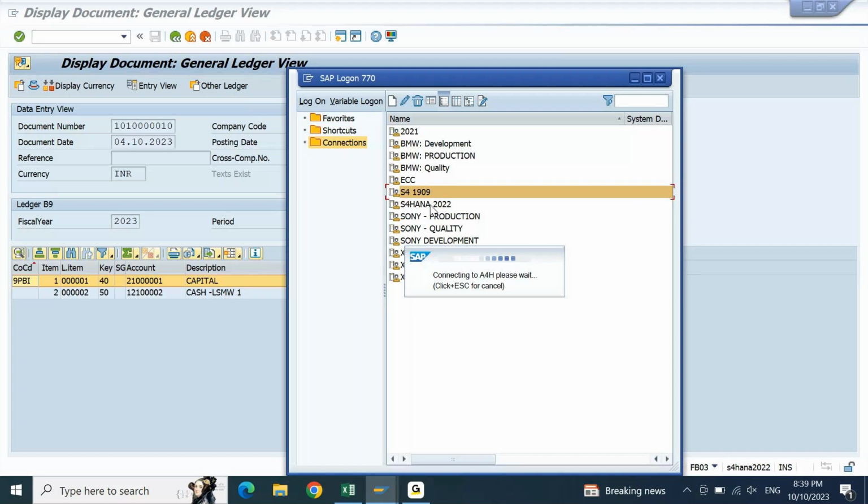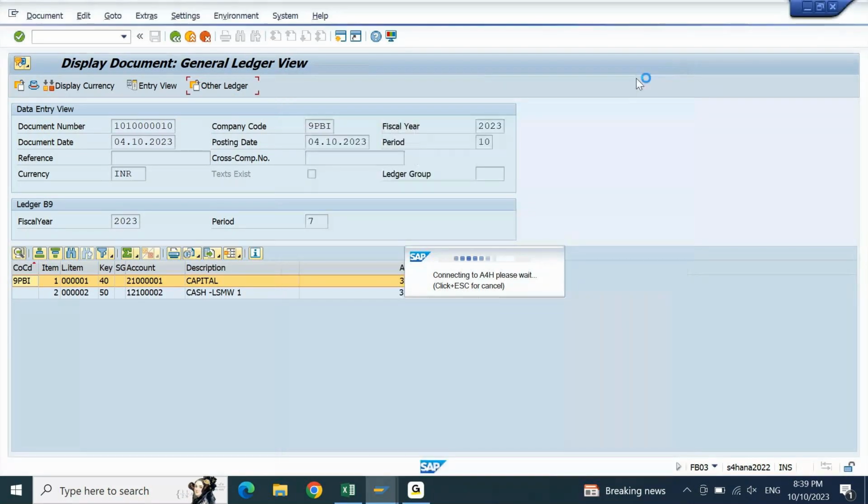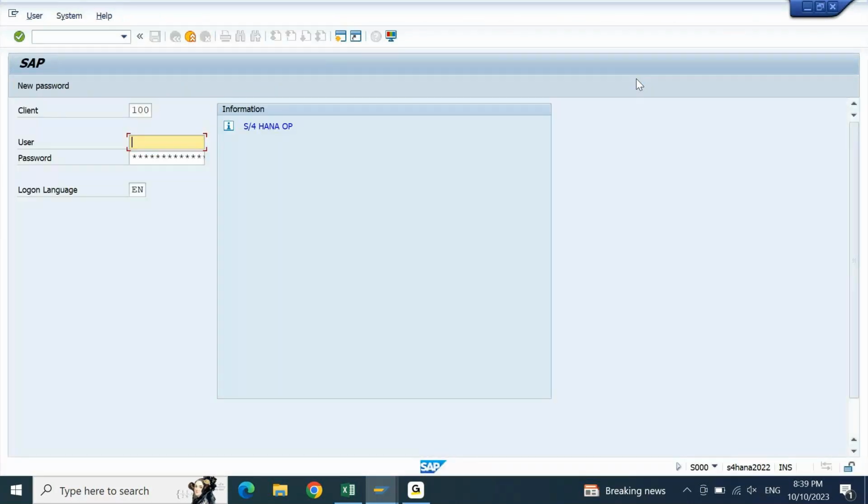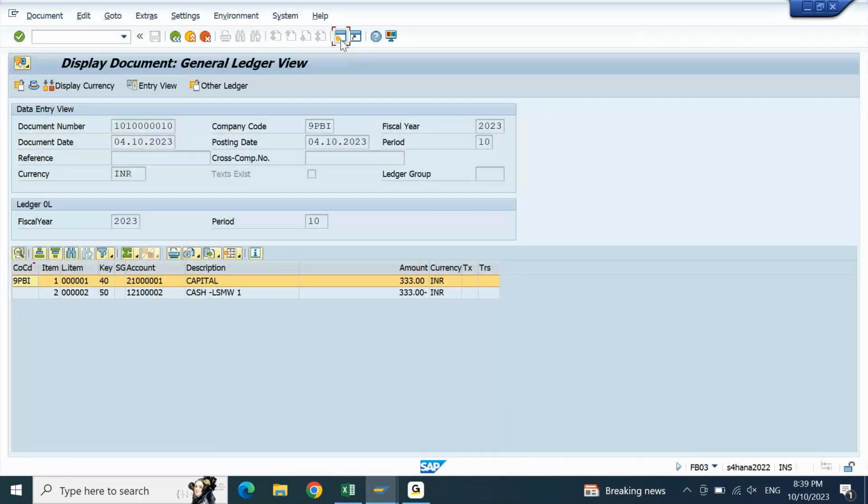Sir, when the interviewer asks me how will you manage the financial statement for non-leading, what do I have to tell them? You don't have to do anything. It's purely based on the report. The user will just have to select leading or non-leading ledger on any report, as we saw yesterday.